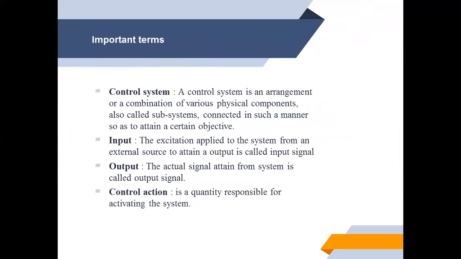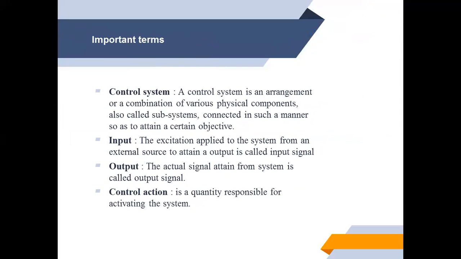Coming to the important terminology used in control systems: what is a control system? A control system is an arrangement or a combination of various physical components, also called subsystems, connected in such a manner so as to attain a certain objective.